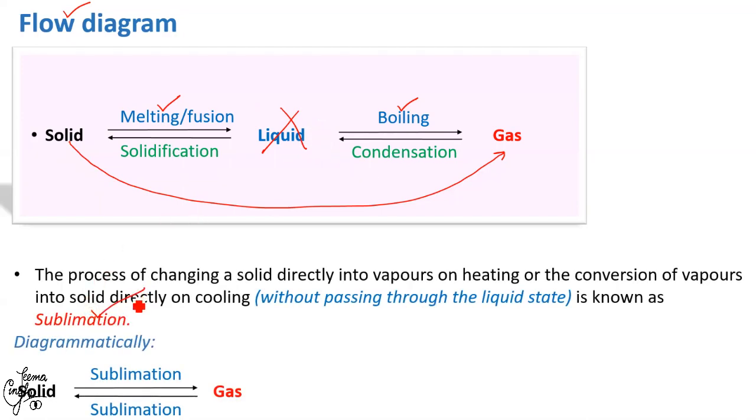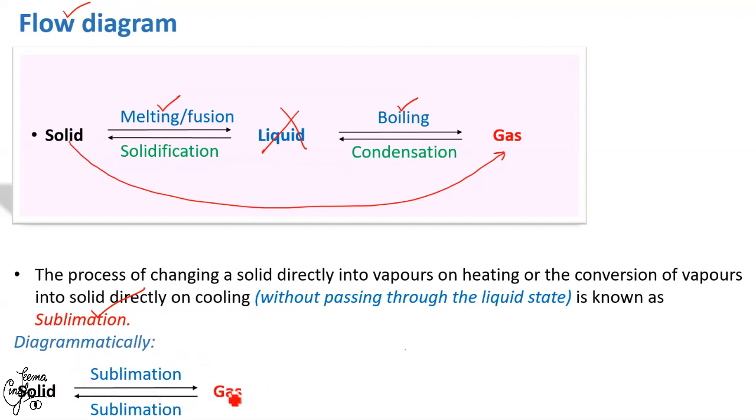I can diagrammatically show sublimation as solid being converted into a gas being converted into solid. Solid to gas you can convert by heating, whereas gas to solid you can convert by cooling. Both these processes are known as sublimation.